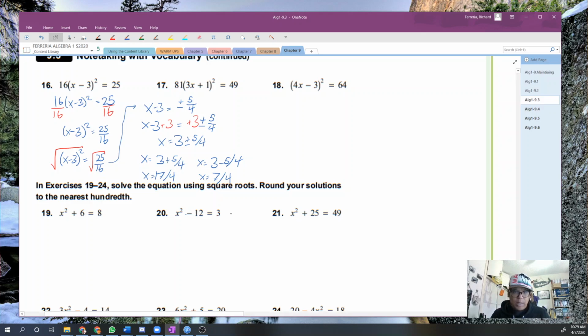And with number 12, this is basically the same thing that we have been doing, but now we're going to use our calculator to evaluate the square root. So the first thing you're going to want to do for 12 is clear away everything from the square side, which means that you're going to have to add 12 to both sides. I'm sure you know 3 plus 12 is 15. Now that you have x squared equals 15, you're going to square root both sides.